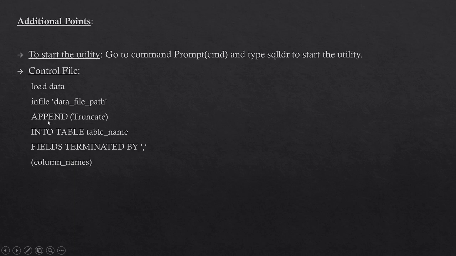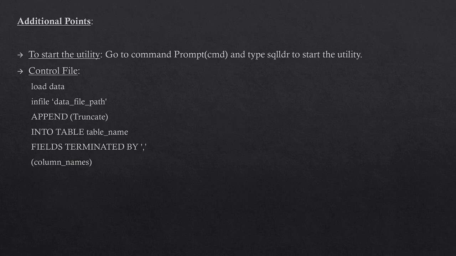Append you have to use if a certain number of rows are already present and you don't want to delete those rows, and you need to insert data after those rows, so you can put append there. Then we have into table name, which is the table in which you are inserting the data.